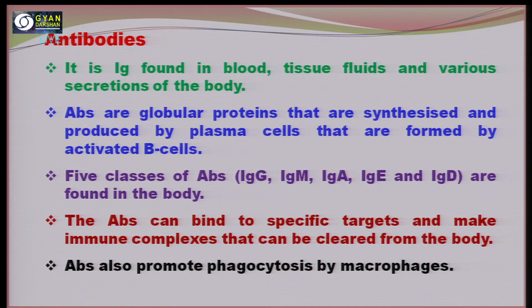The 5 classes of antibodies found in the body are IgG, IgM, IgA, IgE, and IgD. Antibodies can bind to the specific target to make immune complexes that can be cleared from the body. Antibodies also promote phagocytosis by the macrophages.